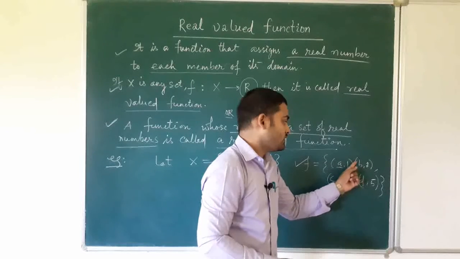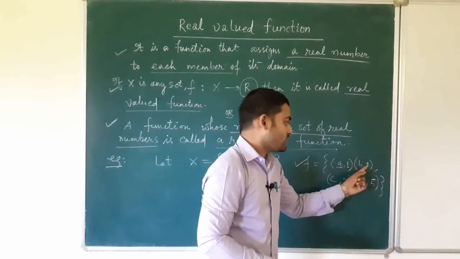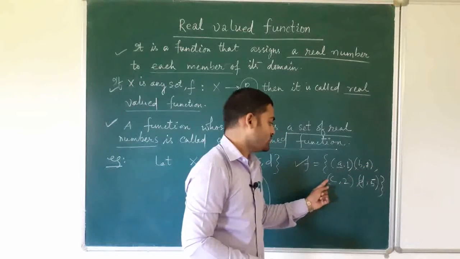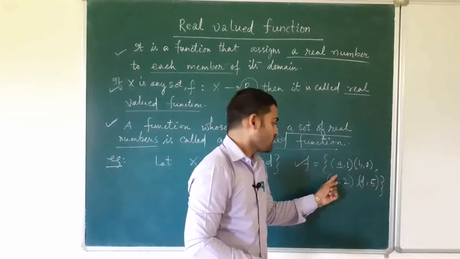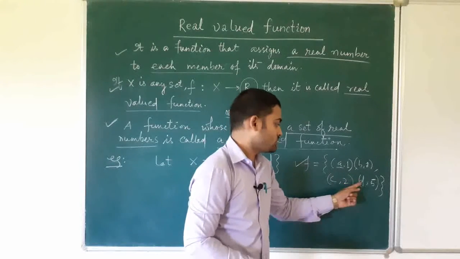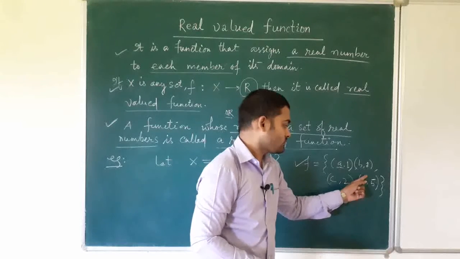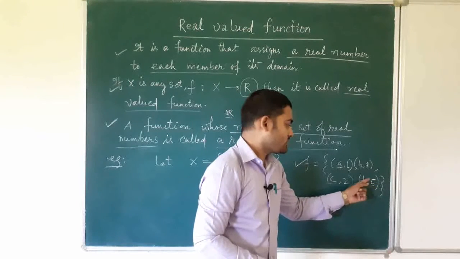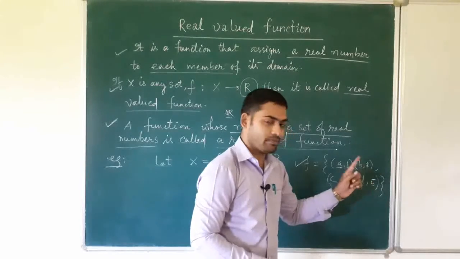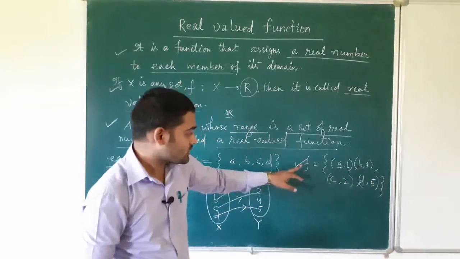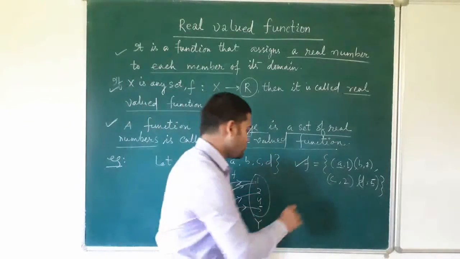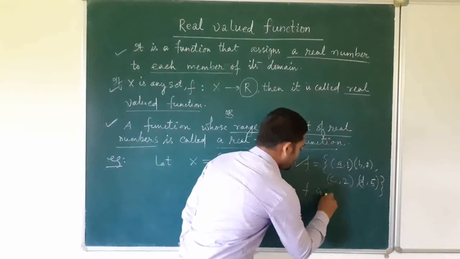B is related to exactly one element, that is 1. C is related to exactly one element, that is 2. D is related to exactly one element of Y, that is 5. So f is a function.